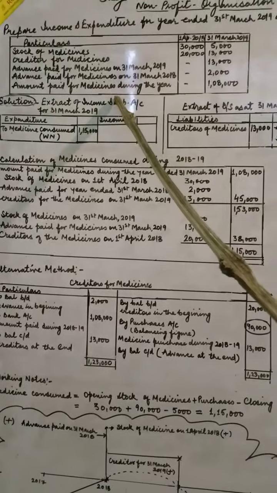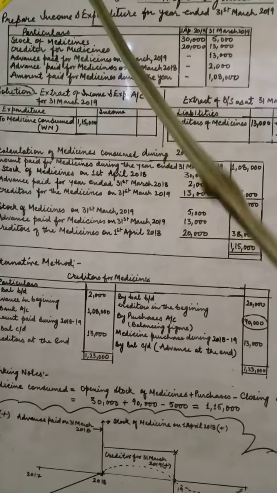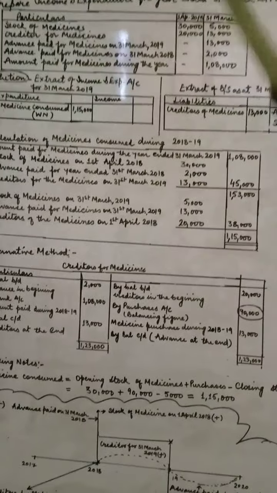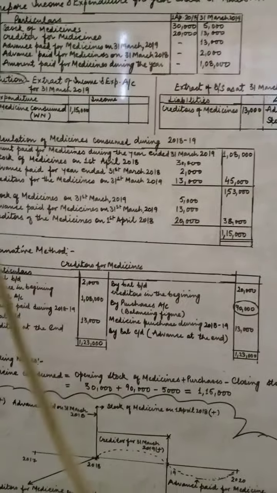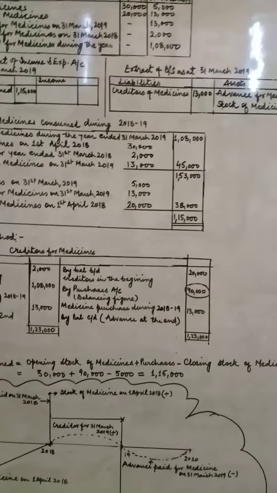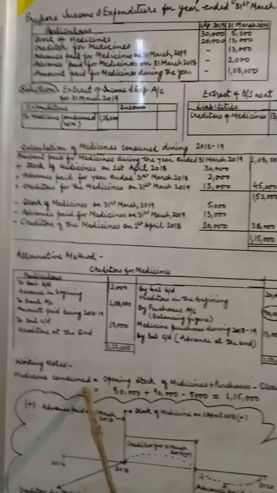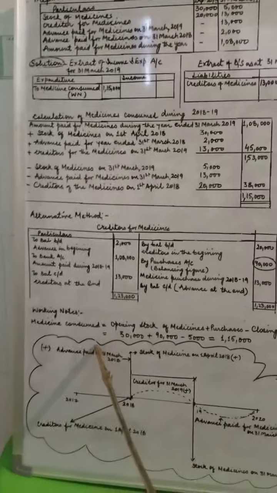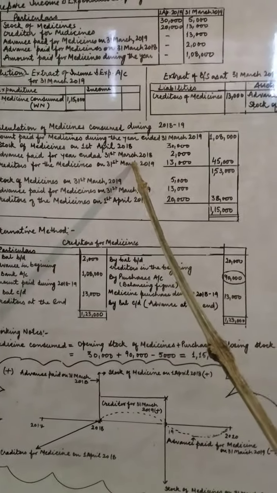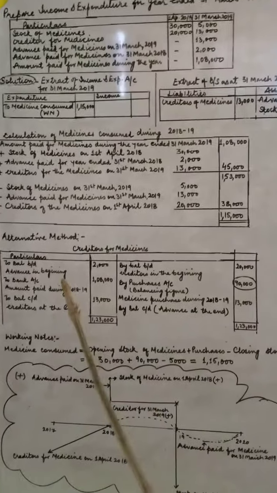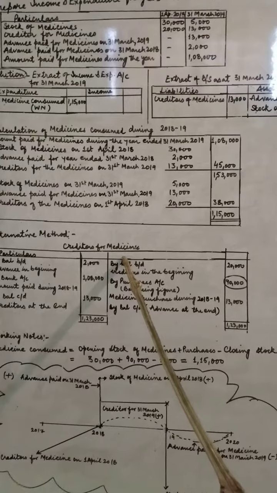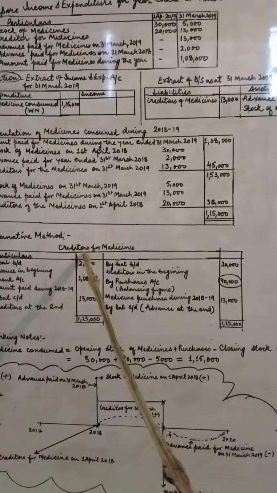With the help of this, we have come to know that by overall study we calculate the total medicine consumed. So I have told you that there are two methods. One is on the basis of the working note that is given here, and the other one is by making the account of creditor of the medicine.